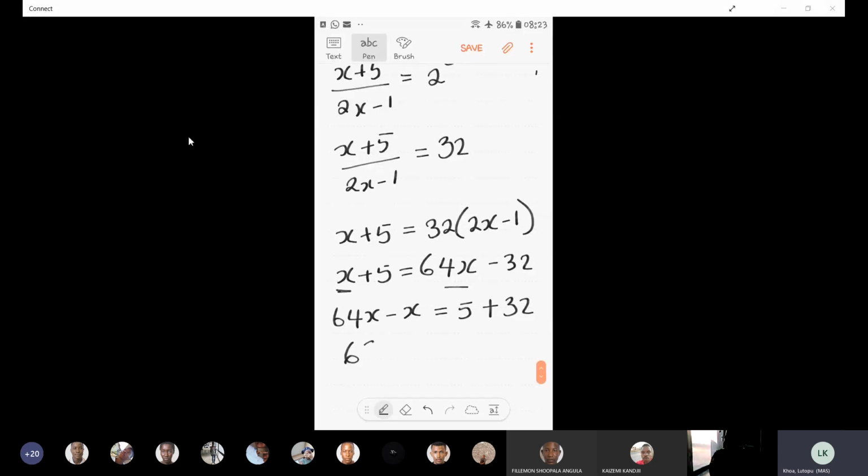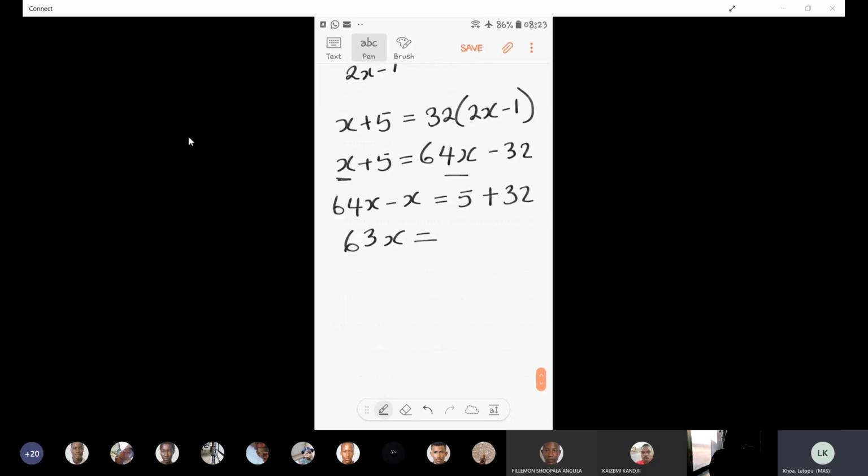So that is 63x, and then I have 32 plus 5, this is 38. Then x is equal to 38 over 63. Okay, that is how you would do that one.